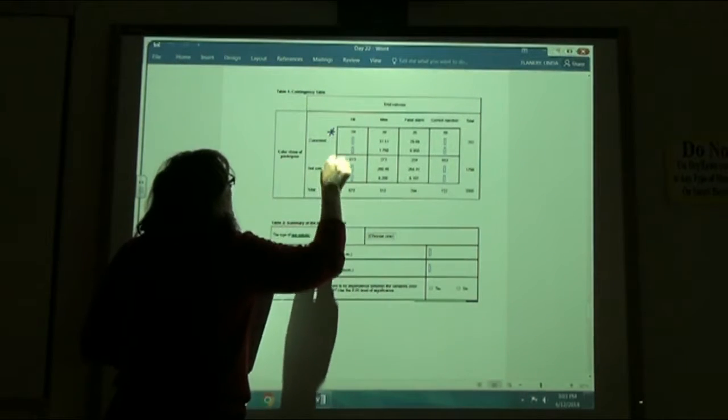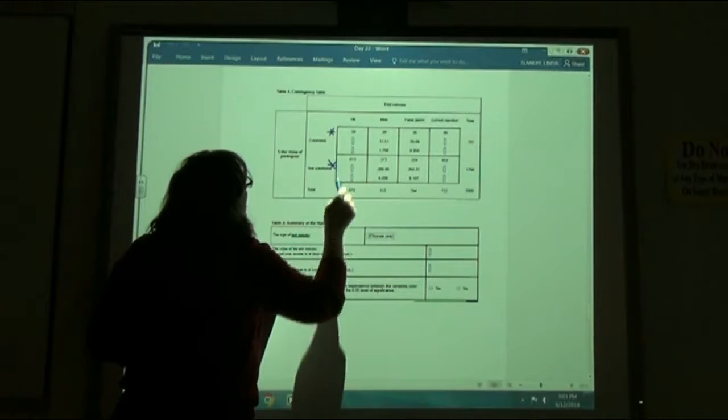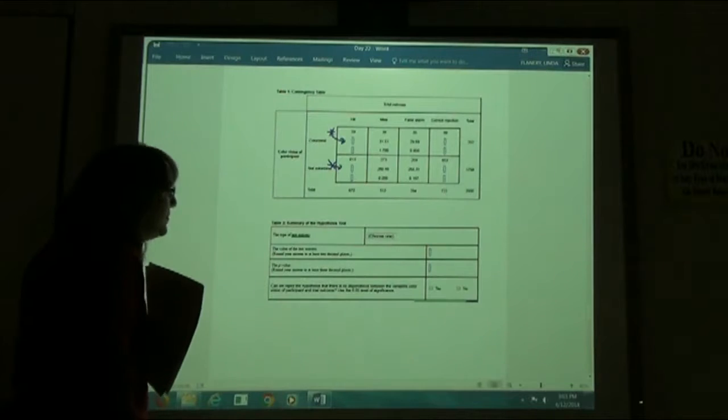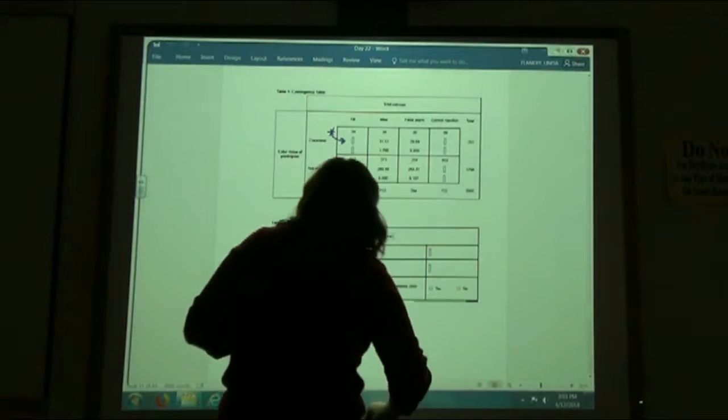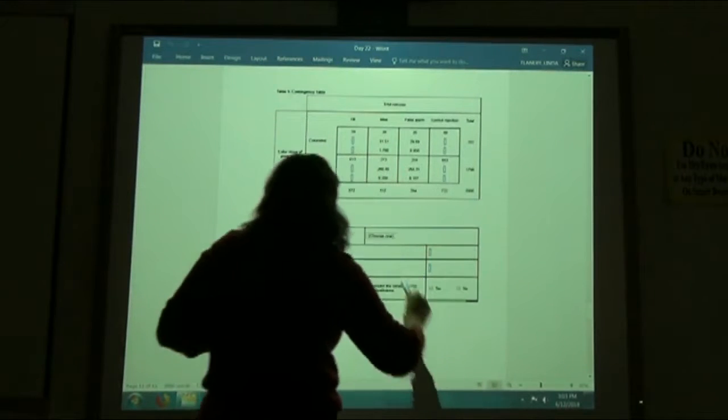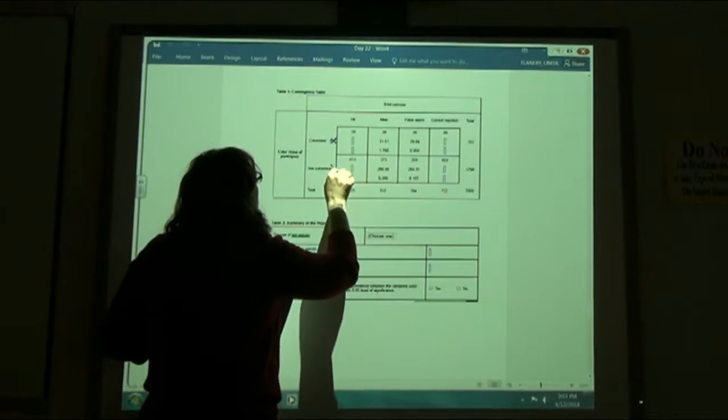This first one's on the top. That looks weird. I'm going to move it down a little bit. This one and this one.